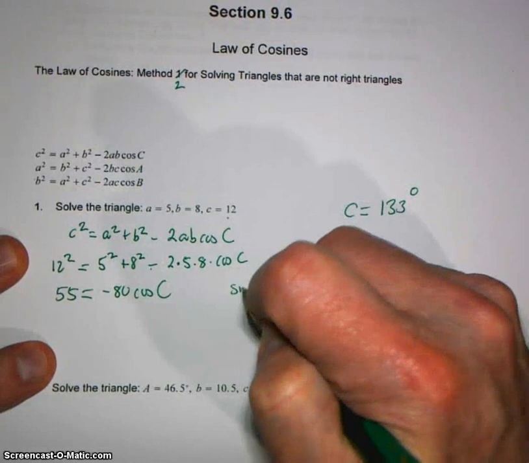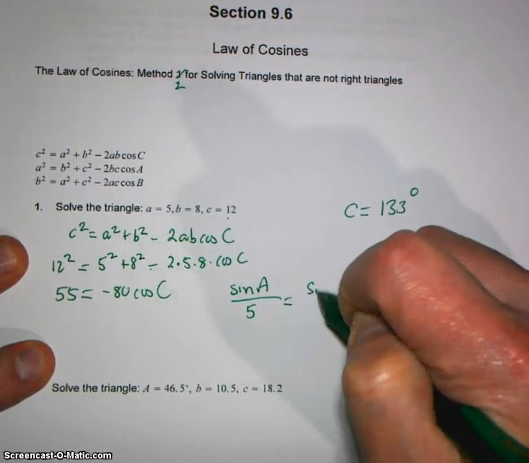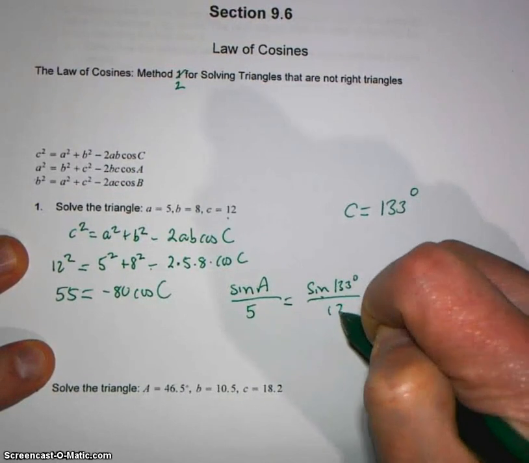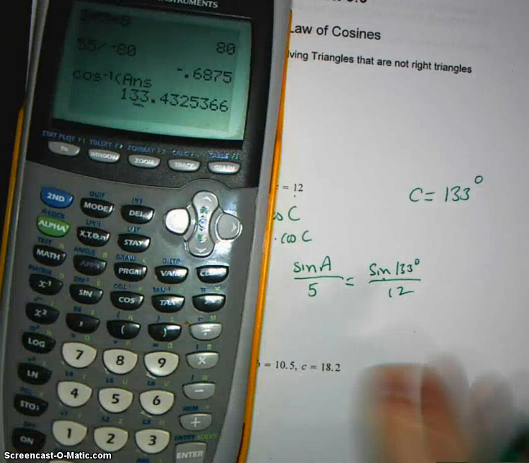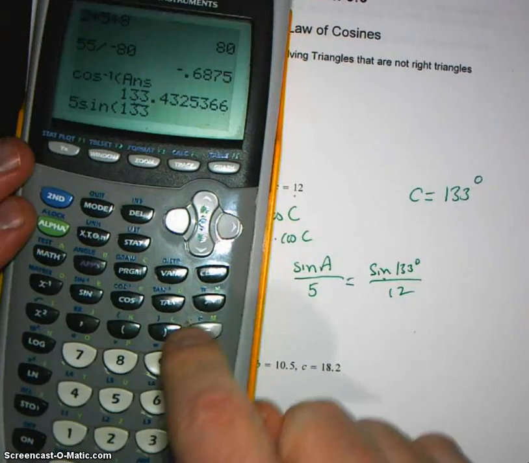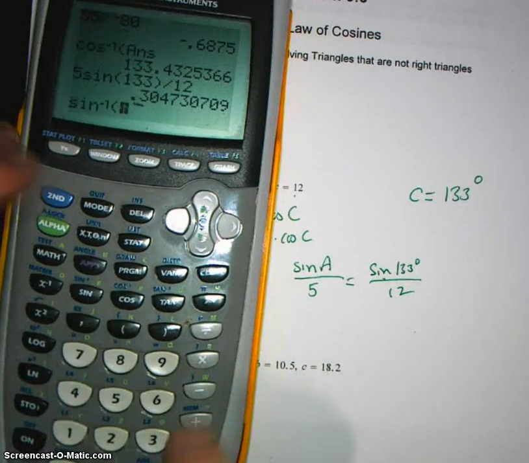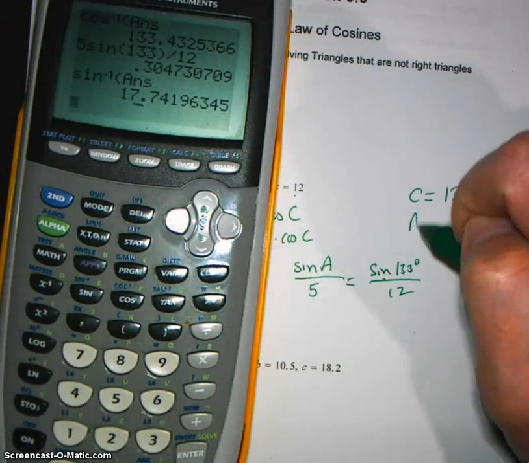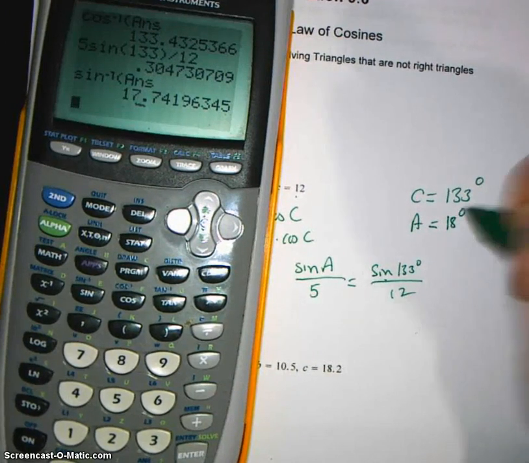I'll have sine of big A over 5 is sine of 133 degrees over 12. So let's see, that's 5 sine 133 divided by 12, and then do sine inverse. So A is 18 degrees.